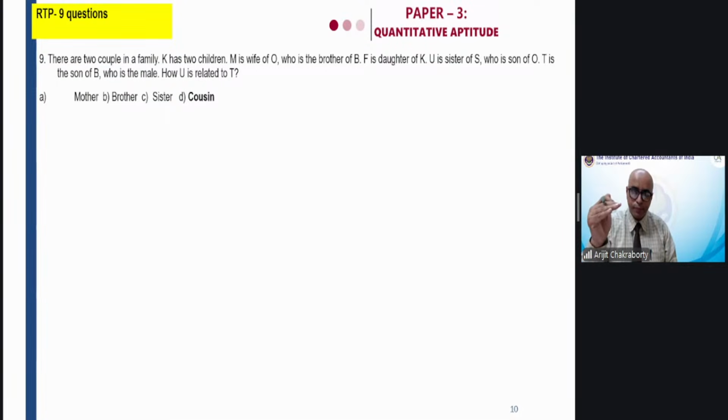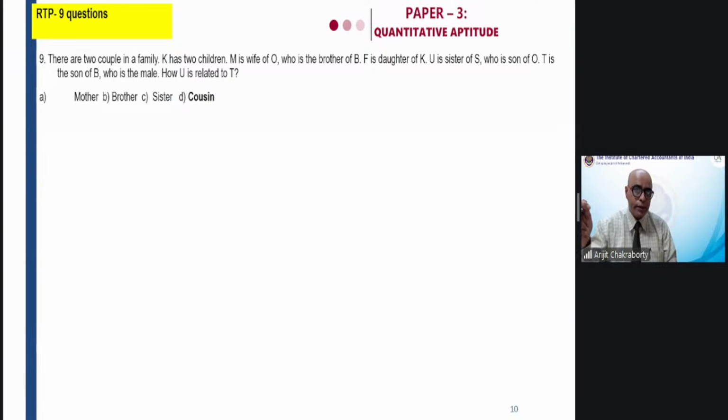O is the father. So U और T का relation निकालना है. U and S, they are the children of O. So U's father is O and O's brother is B. So B is U's uncle. And finally T कौन है? T है उस uncle का बेटा, यानी T is the son of B. So what is the final chain you are getting?